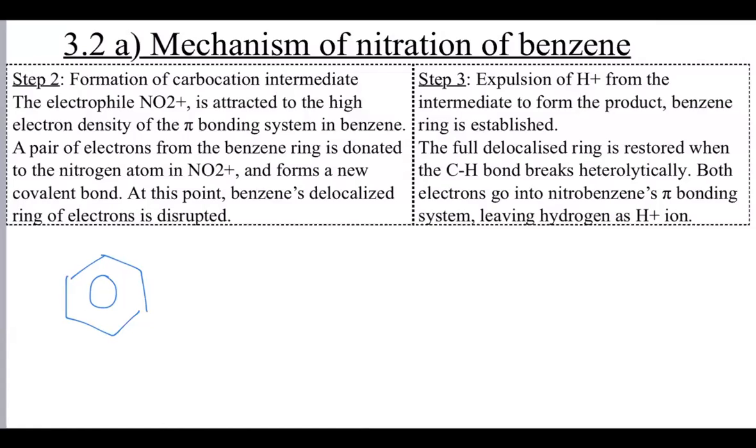The NO2+, the electrophile that you produce from the first step, will be attacked by the benzene ring. A pair of electrons, meaning two electrons, from the delocalized system attacks the electrophile like that, and then you form an intermediate.